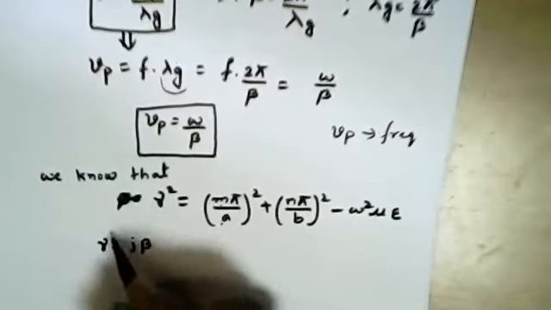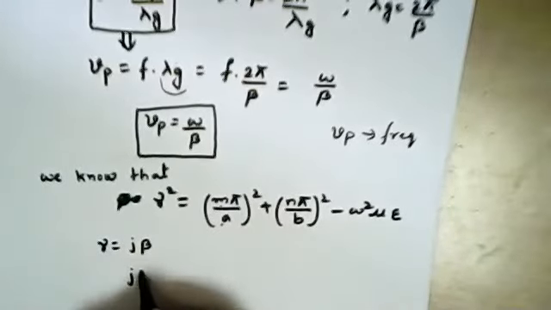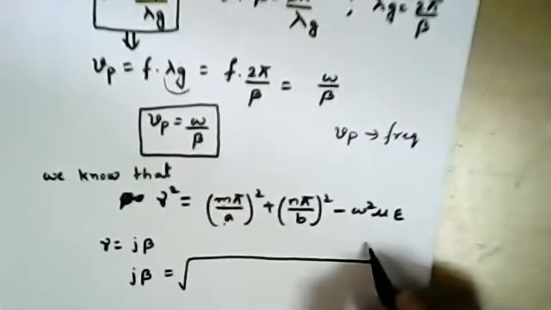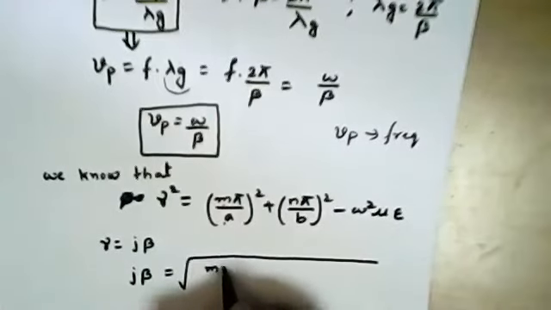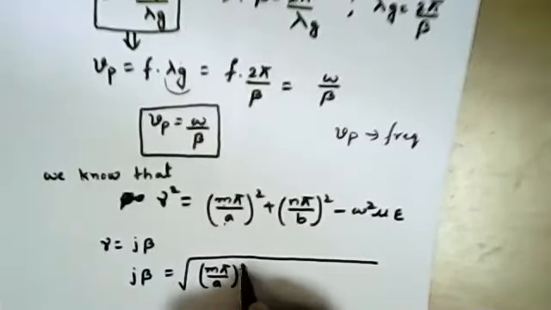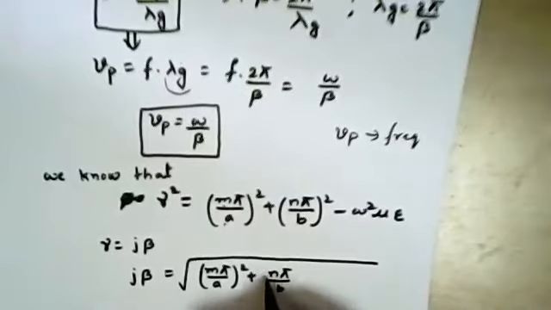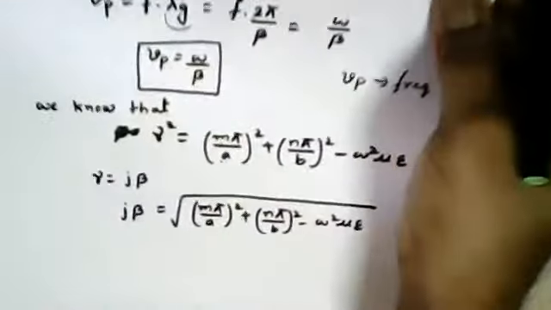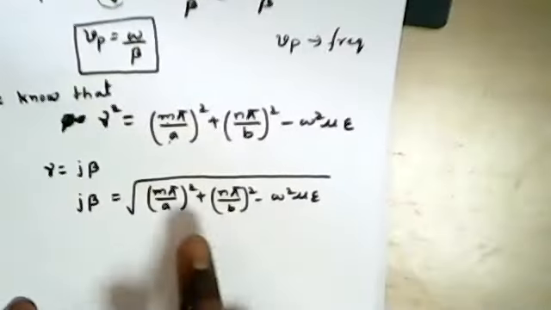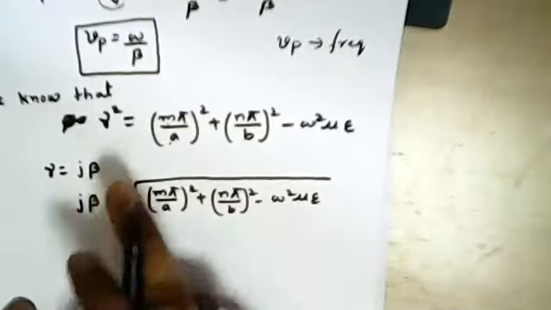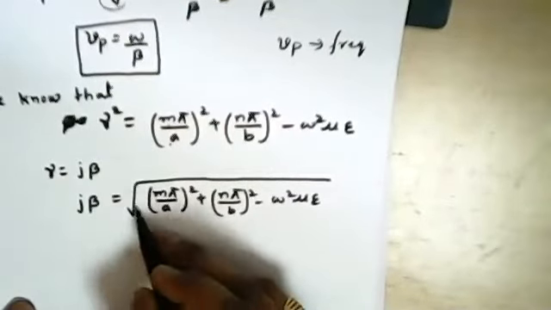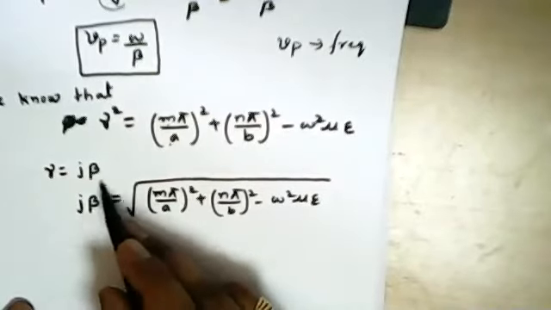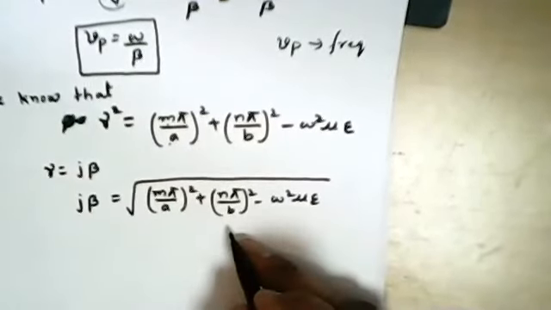Substituting j beta and taking the square root on both sides, the square and root cancel, and it becomes m pi by a whole square plus n pi by b whole square minus omega square mu epsilon, under a root.